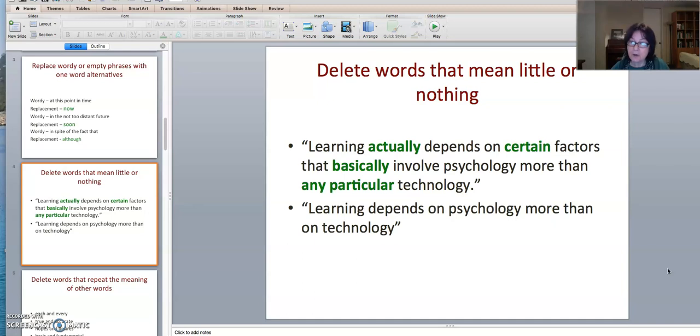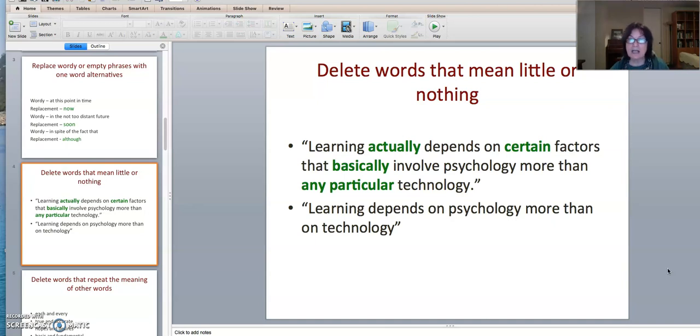You can also delete words that mean little or nothing. For example, look at this sentence. It sounds okay, and it actually reflects a lot of language you hear in the media and everywhere around us, but it is filled with unnecessary words that mean nothing or very little.